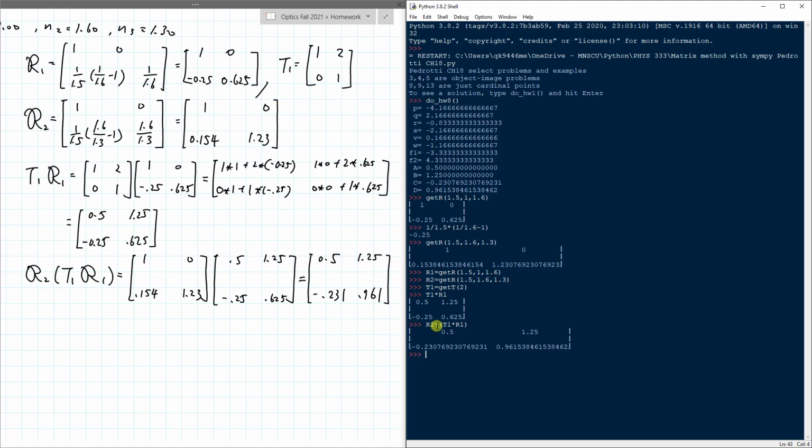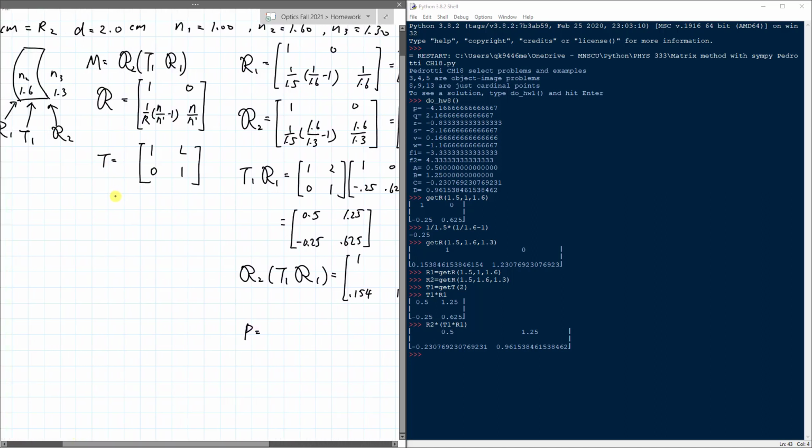Okay, so now that we have the system matrix, we can find all of the variables. For example, the PQRS, VW, and F1, F2. So we can do P equals, we have a list of these formulas. Let's move that to the left.